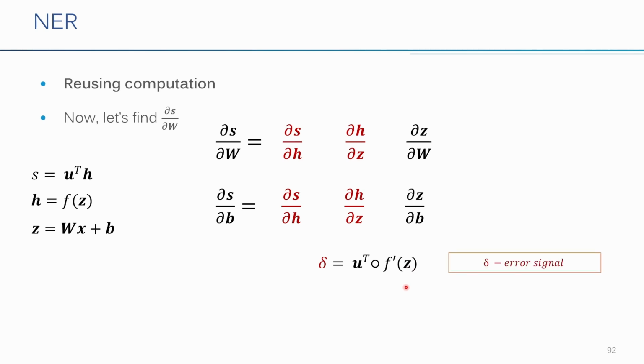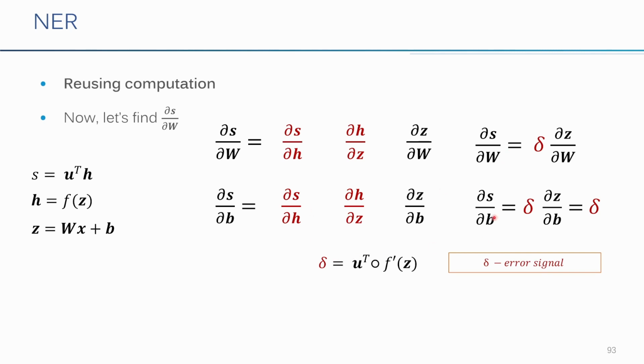And this, in fact, represents our error signal. And then we can use this for future calculations and avoid double computation. We'll see that this will reflect directly when we're doing the backpropagation. We don't need to recalculate from s to whatever term we want to optimize. We can simply reuse all the calculations done before, and this will save us a bunch of time.